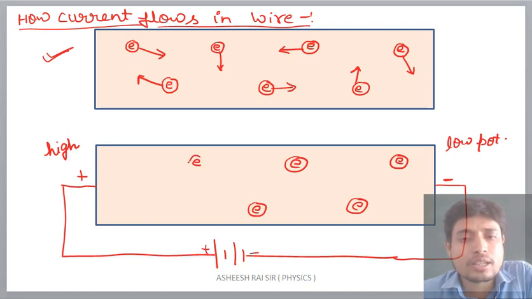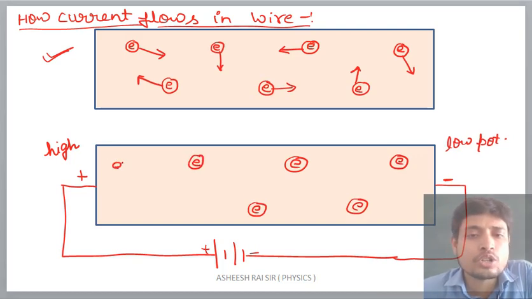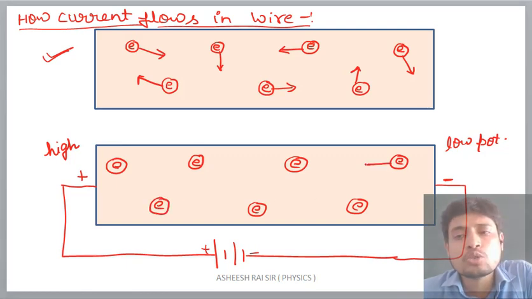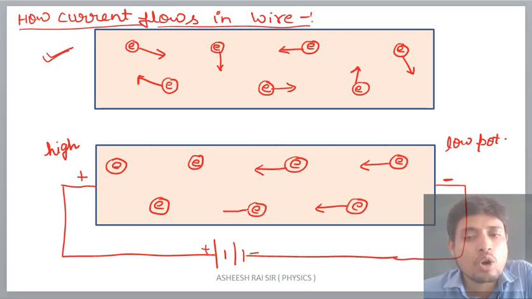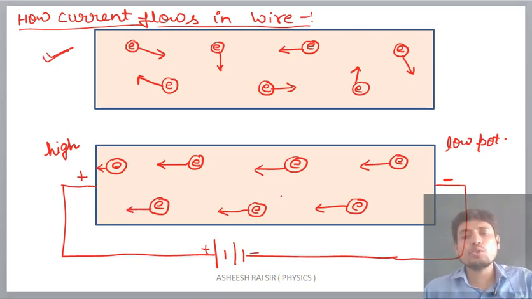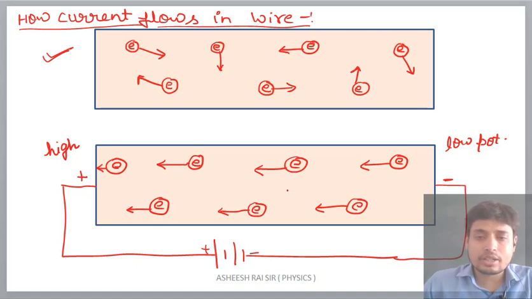Since the electron is negatively charged, it will move from negative potential to positive potential. All the electrons move in the same direction, and that's why they make the electric current in the circuit due to the flow of the charge in the conductor.